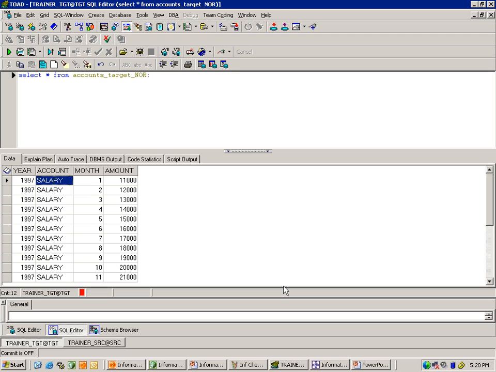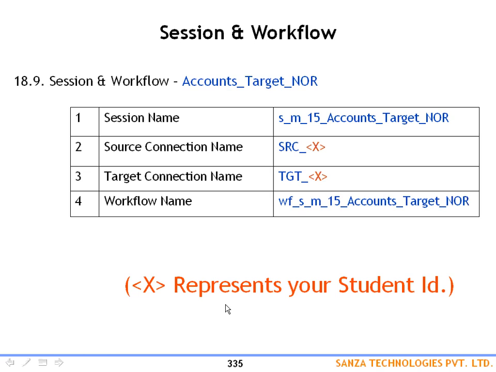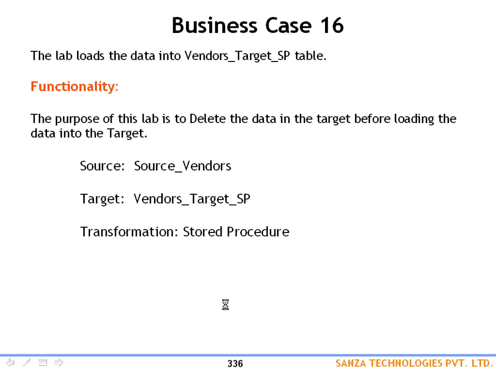Now we are going to discuss the stored procedure transformation. The requirement is to extract the data from source vendors table and load the data into vendors target SP. Now the requirement is to delete the data in the target.